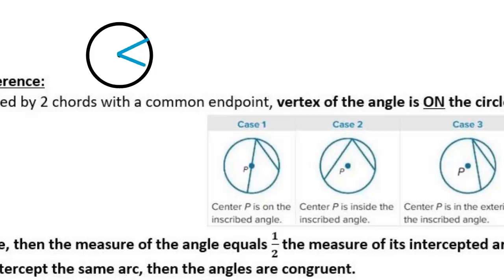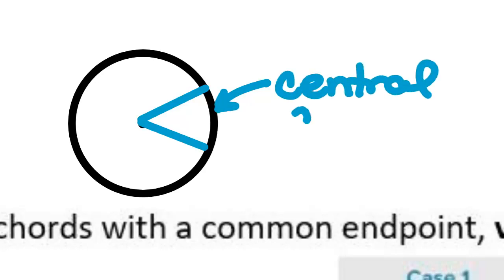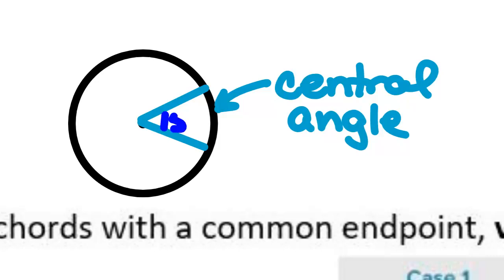So it has its common vertex at the center. So this is a central angle. And the measurement of the central angle, let's pretend this is 15 degrees. The arc that it captures has the exact same measurement.